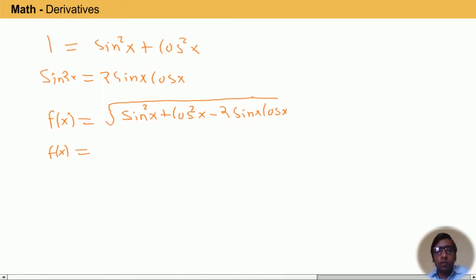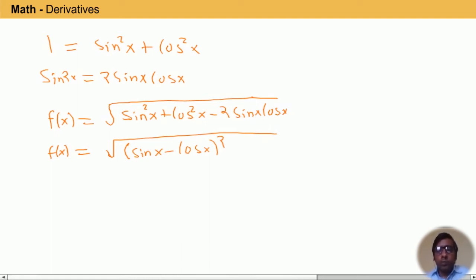f(x) equal to square root of, this is in the form of a square plus b square minus 2ab. We can write it as a minus b whole square. So that's going to be sin x minus cos x whole square, because a square plus b square minus 2ab is a minus b whole square.